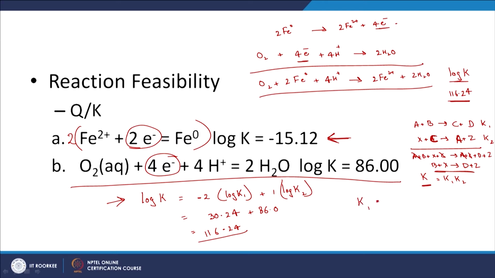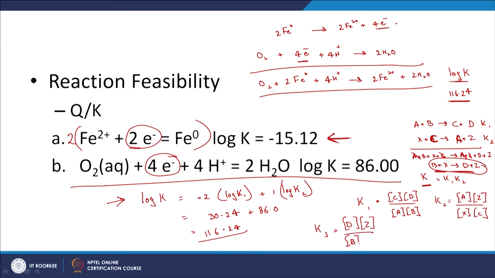K1 is equal to C times D by A times B, and K2 is equal to A times Z by X times C. But I am trying to calculate K3, which from this equation is D times Z divided by B times X. If you look at these variables, it is nothing but K1 times K2.